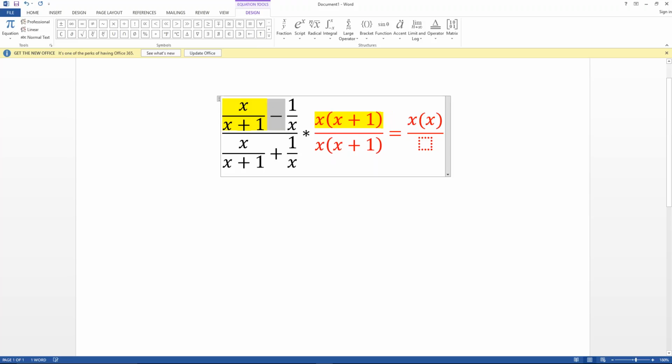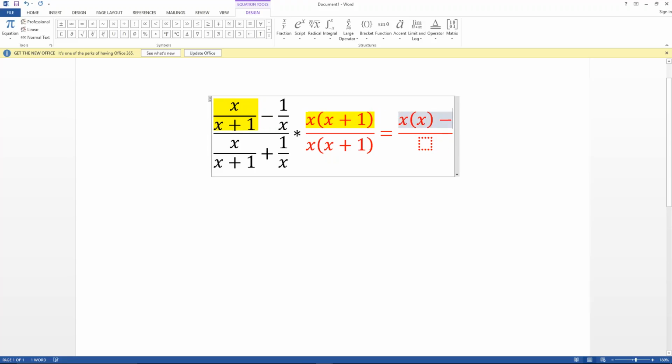What's this sign right here? Minus. All right, let's do that. Minus. Now, let's multiply this yellow part with this part right here. What cancels out? X. Leaving you with what? Negative 1. Okay, it leaves you with negative 1.